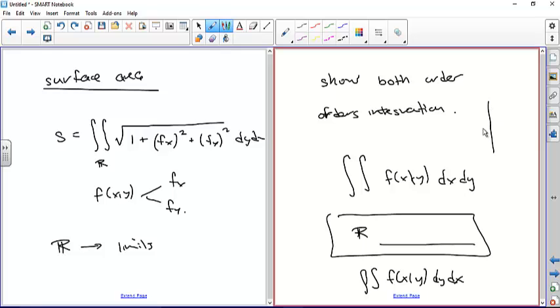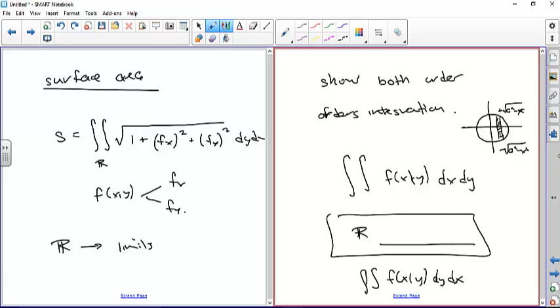So for example, if you had a circle like this, if I integrated with respect to y first, then the upper curve would be plus the square root of a squared minus x squared, and this would be negative the square root of a squared minus x squared.